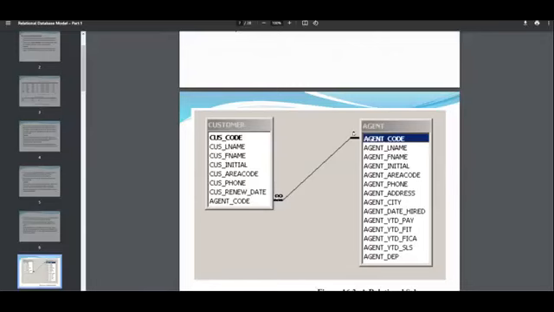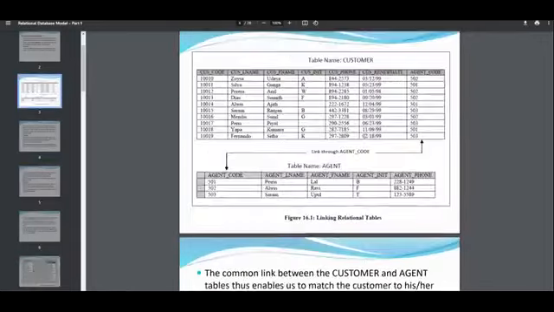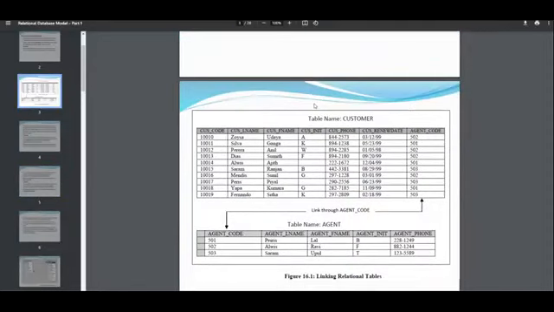This example software uses this notation for one, and for many it uses this notation. Then you can understand that one record can be connected with multiple records of this table. This table means the customer table, and this table means the agent table. That is what we went through in this example.